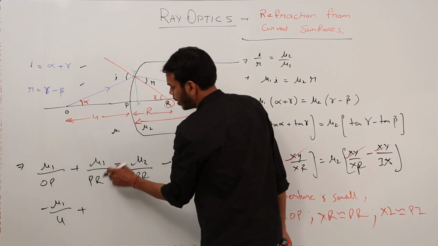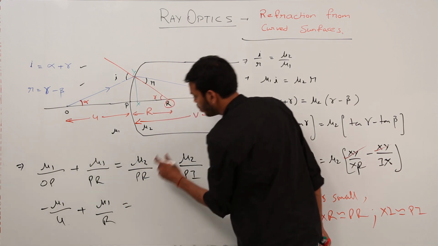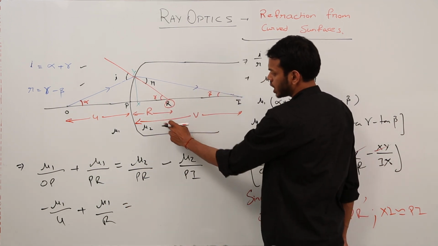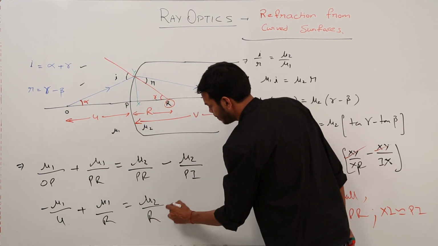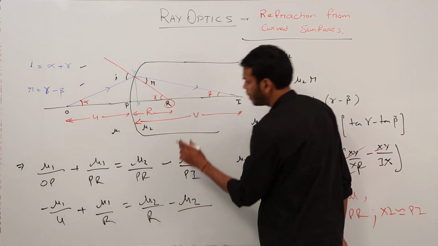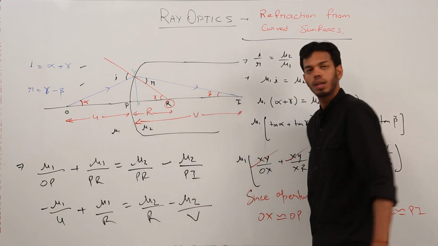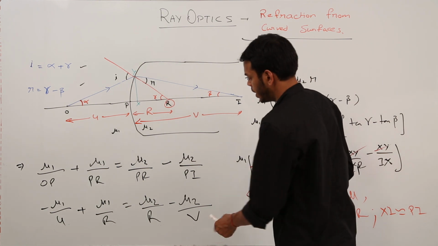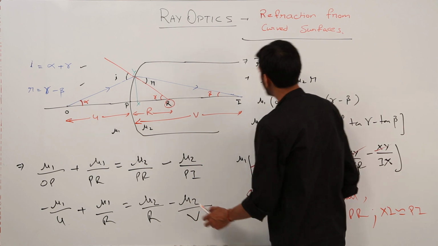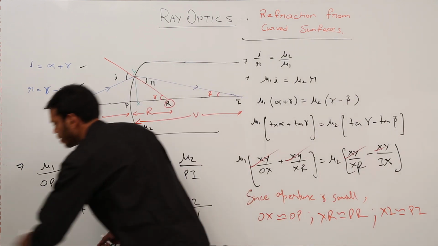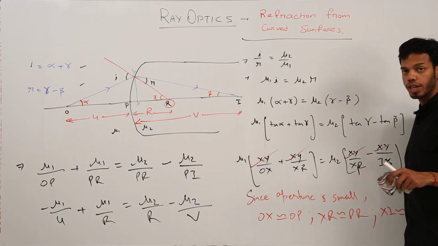Plus mu 1 upon PR, that is mu 1 upon R, which is equal to mu 2 upon PR, PR is again R, minus mu 2 upon PI. What is PI? PI is V. Sorted. So taking this term to this side, I'll be getting mu 2 upon V. Time to rub. Pause the video if you haven't noted it down.